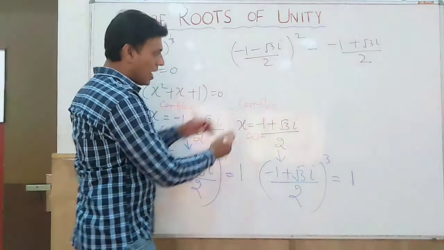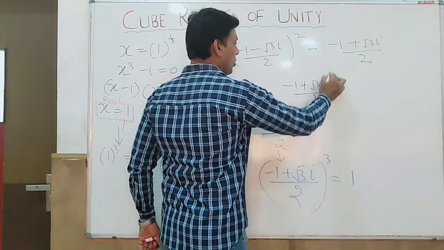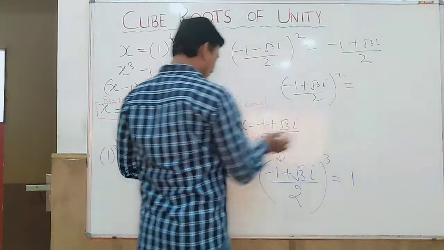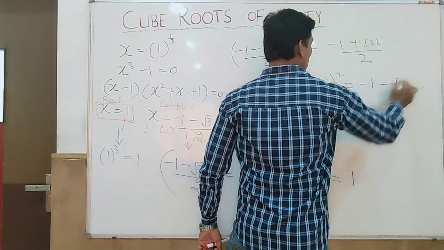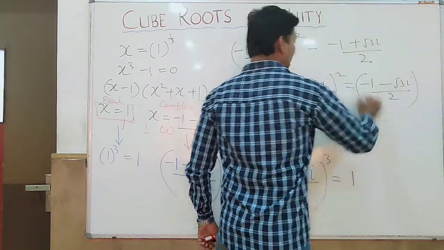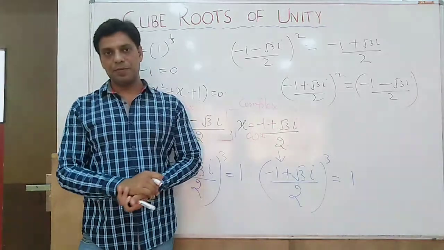And if you square the root minus 1 plus under root 3 iota upon 2, you will get the other root. That is a very important property of these two roots. It means each one is the square of the other.